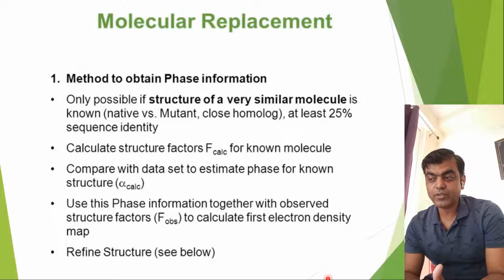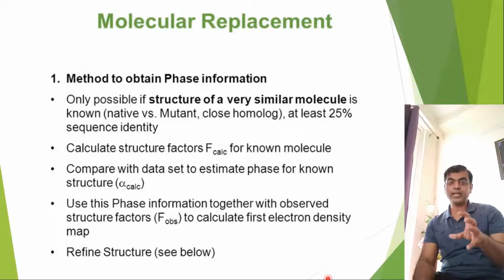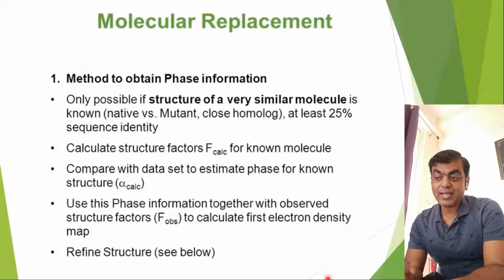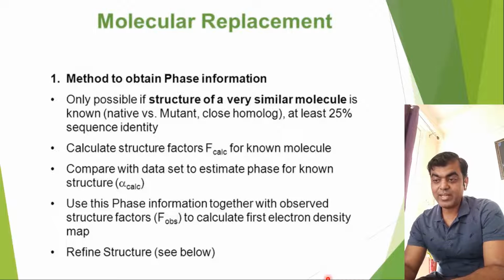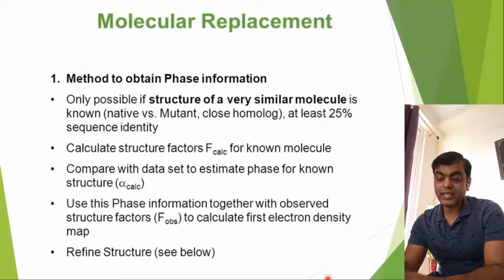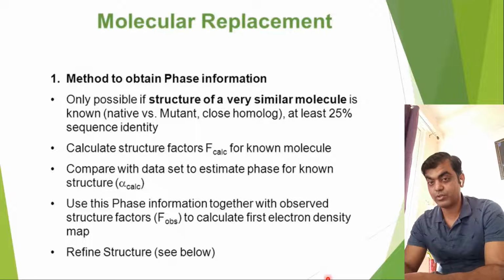So the F function of this known molecule I will try to find, and once I have found that value, I'll compare it with the data set to estimate the phase for the known structure. You get the point?